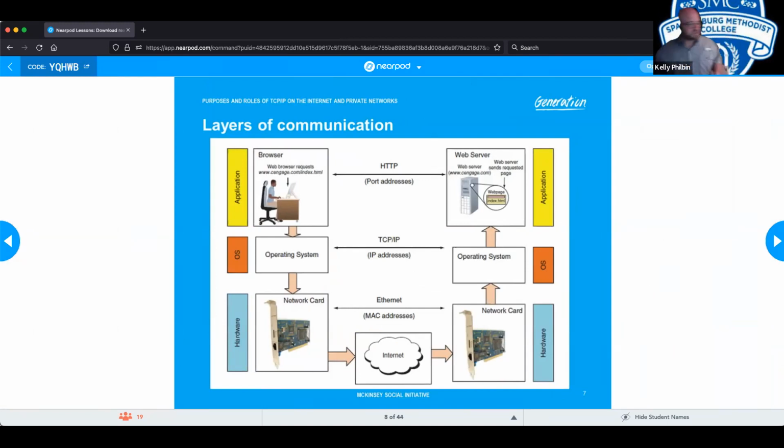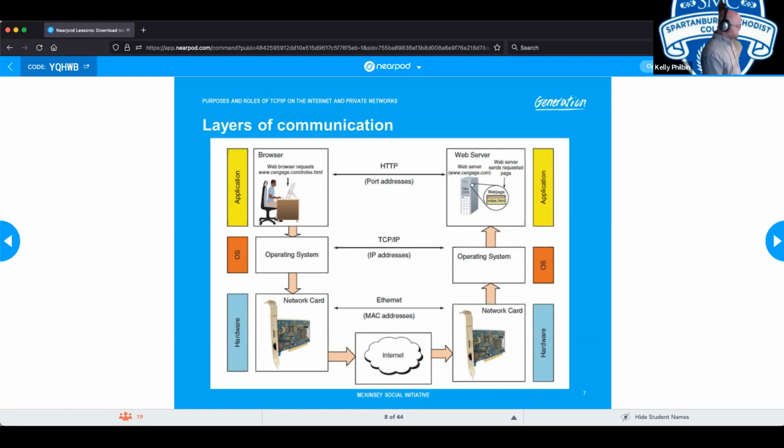So kind of how this works: you type into your web browser that you want to go to Google. It's going to take that information request and send it down to the operating system after the DNS has determined where it needs to go. Over here, it's going to establish TCP/IP protocols, your IP address and the one you're going to be communicating with. This gets shuffled down to your network card.